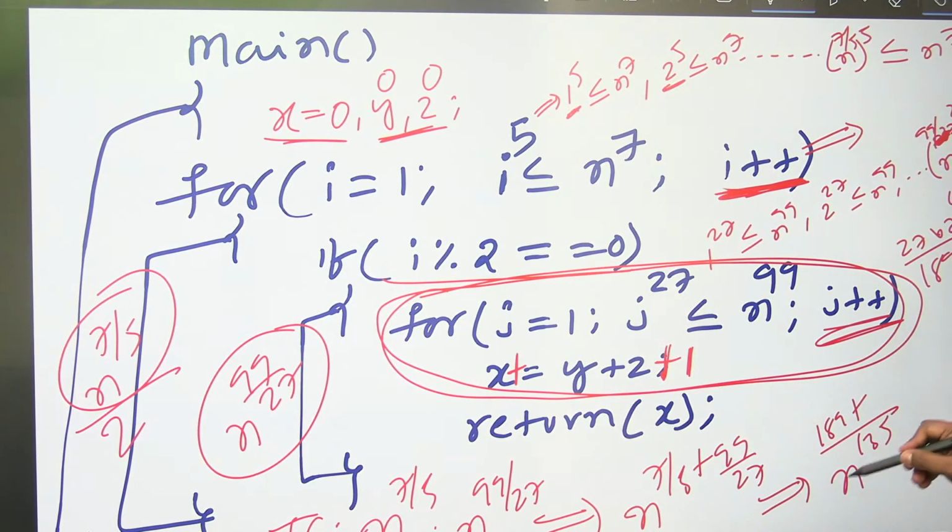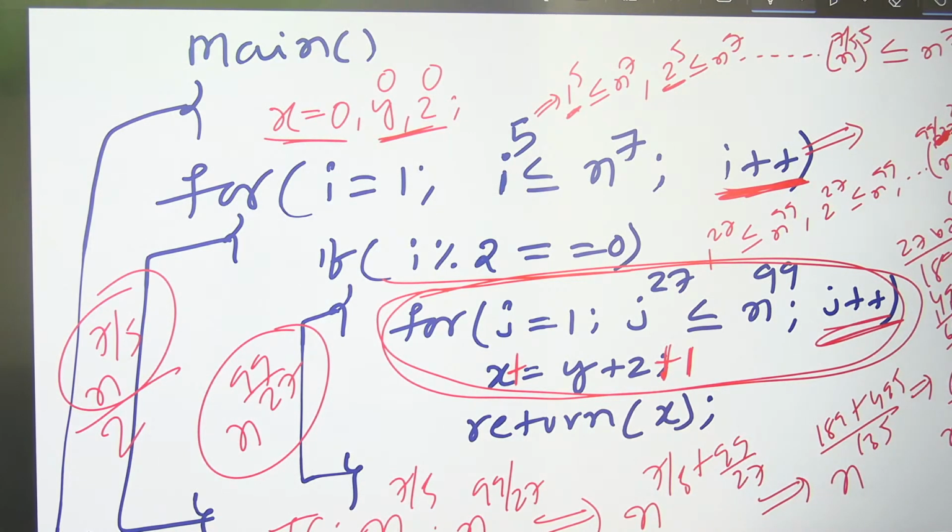Calculate properly. 5 into 99, so what is the answer? 495. Just add the total, 189 plus 495: 14, 18, 684. So n power 684 by 135, some value.